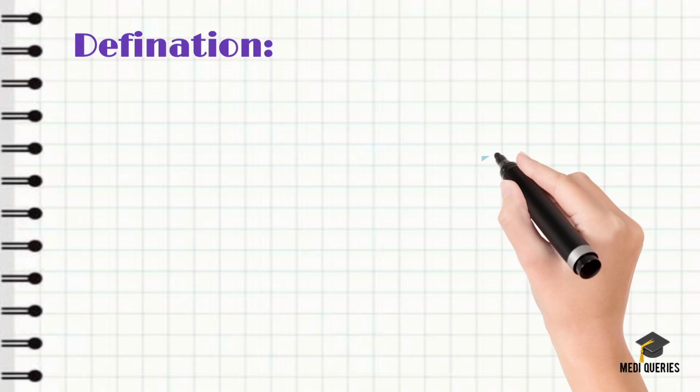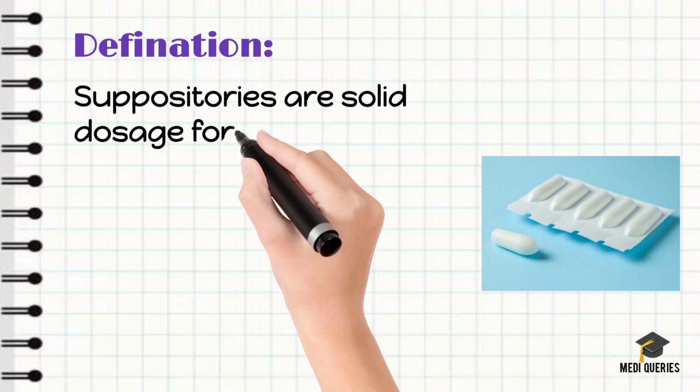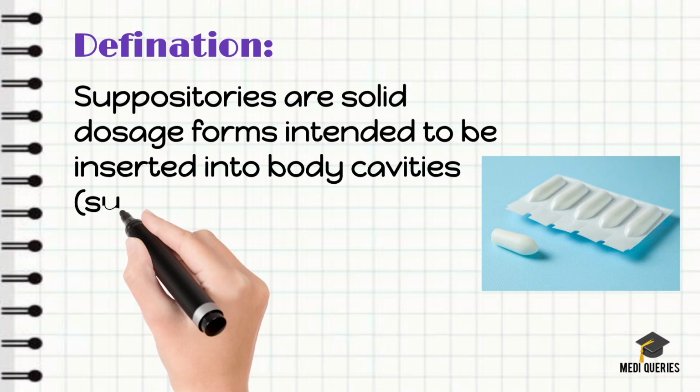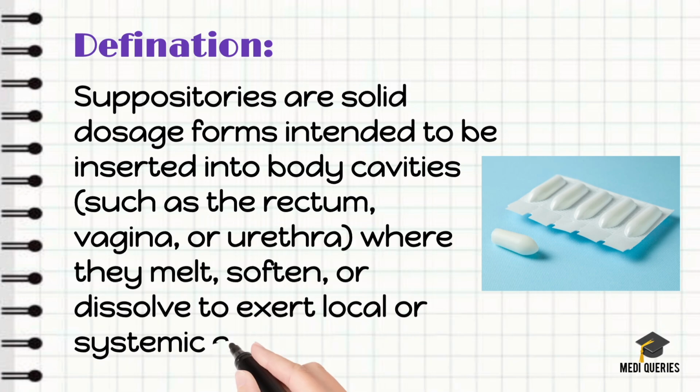A suppository is a medicated solid dosage form that is intended for insertion into the rectum, vagina, or urethra. Once inside the body cavity, it melts, softens, or dissolves at body temperature. This allows the drug to be absorbed either locally or systemically, depending upon the formulation.